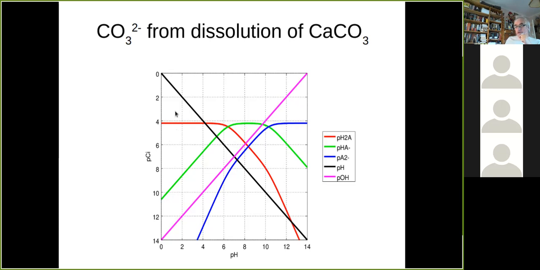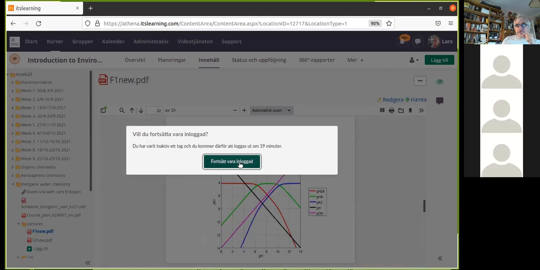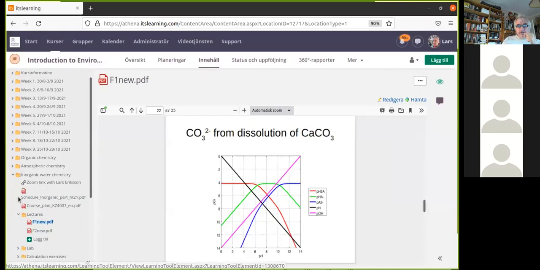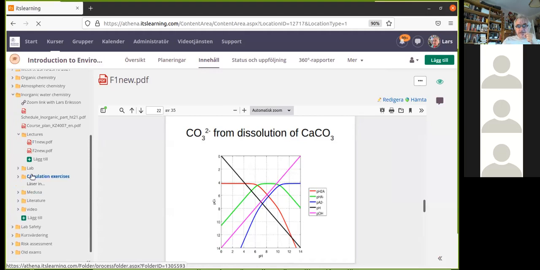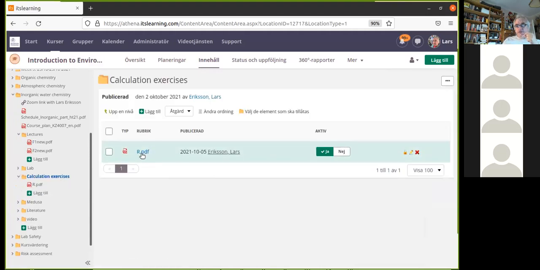Is it 1 o'clock calculation exercises start? Yes, it is. Yeah. So then I suggest that we, well, let's see, how do I stop this? There are calculation exercises. There is a small booklet called R for räkneövningar in Swedish, calculation exercises in English.